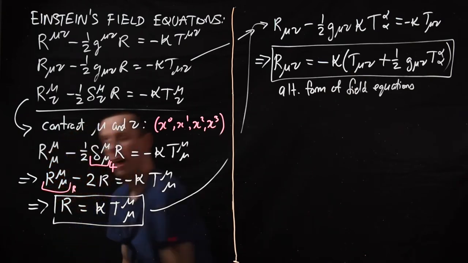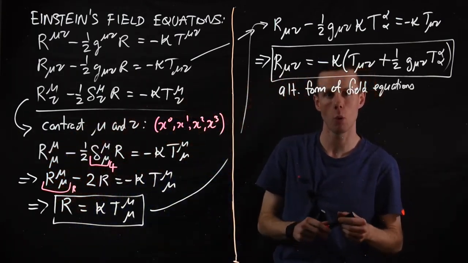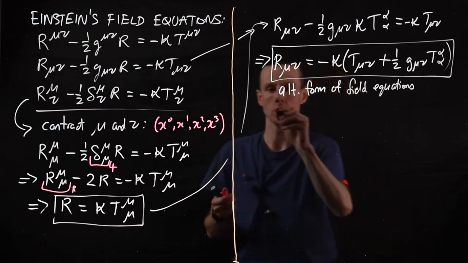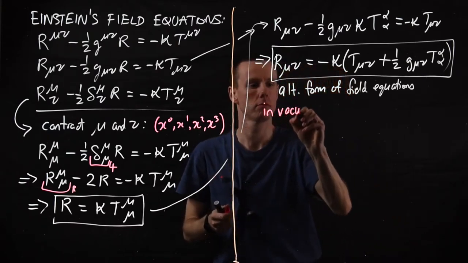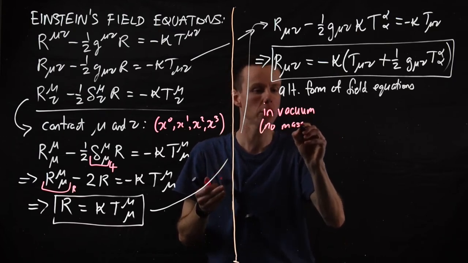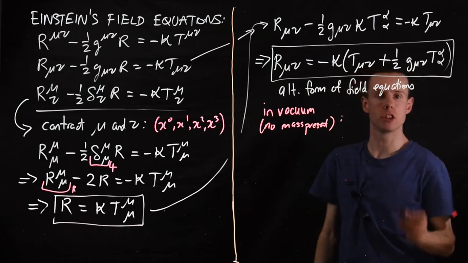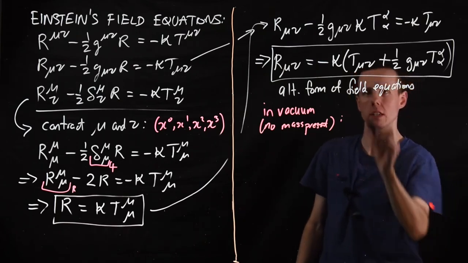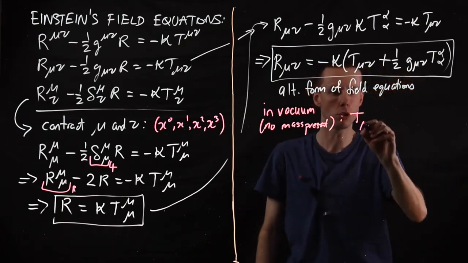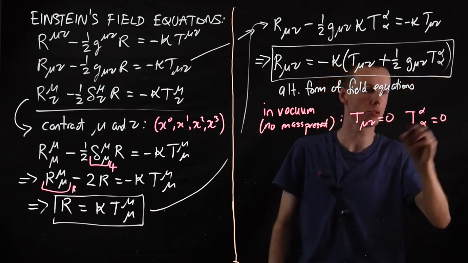But this now will give us a very big simplification when we assume that we are in a vacuum. So in a vacuum, in other words, in a region of space where no mass is present, the energy momentum tensor is 0 at that point. So T mu nu is 0, and T alpha alpha there, that's also 0.